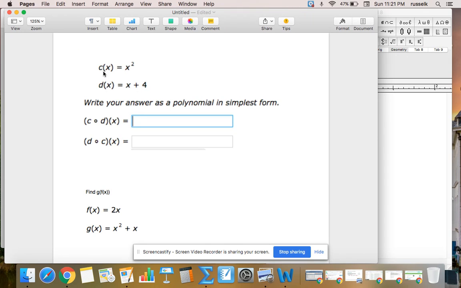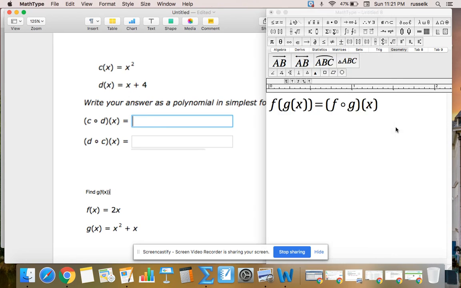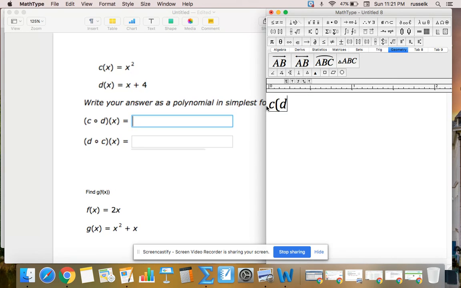In this first one, we have c of x, which is x squared. We have d of x, which is x plus 4. They want us to find c of d of x first. They want us to go to the equation c, take x out, and plug d of x in its spot.